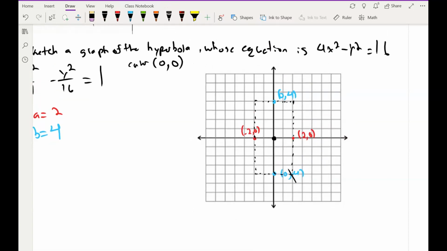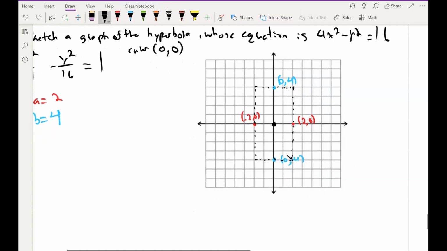Let's try this again. Our asymptote is going to look something like this. If you want to be more specific, you can count the slope and draw some lines for these asymptotes, but we don't need to get that specific.